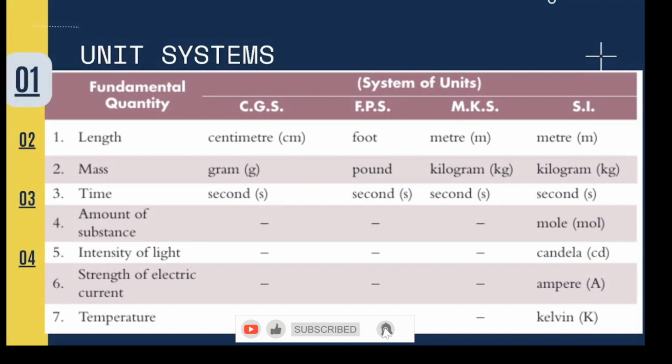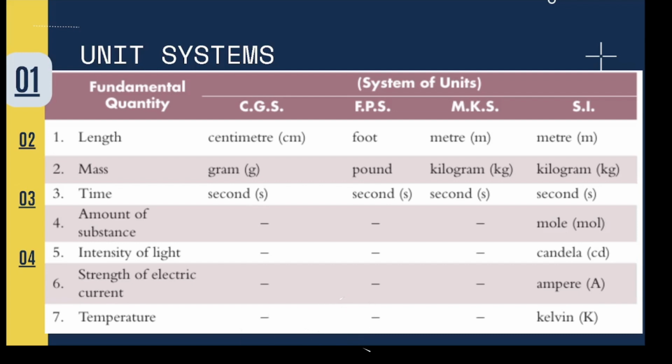Unit systems. There are usually four unit systems: CGS, FPS, MKS and SI. CGS is centimeter, gram, second. FPS is foot, pound, second. MKS is meter, kilogram, second. And SI is the International System of Units. The SI system is the most commonly used system for measuring.